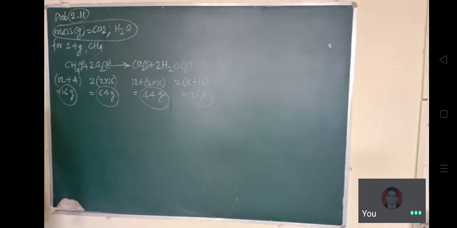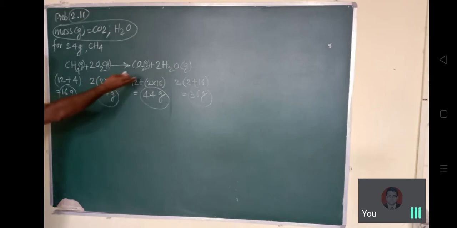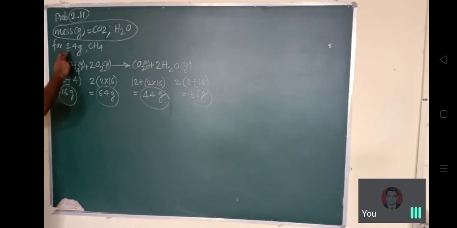So for 16 gram of methane, it requires oxygen and gives carbon dioxide and water in these quantities. So we can now find the answer for 24 gram of methane. What will be the proportion for carbon dioxide and H2O?